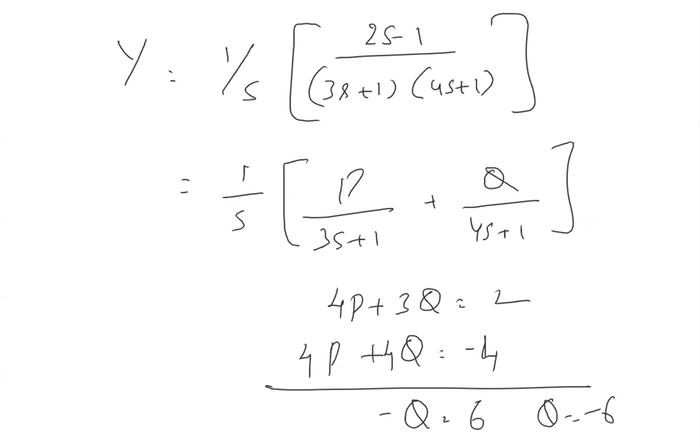Then P plus Q equal to minus 1, so P equal to 5. Q is minus 6. Then what is your Y? Y is 1 by s into 5 by 3s plus 1 minus 6 by 4s plus 1.